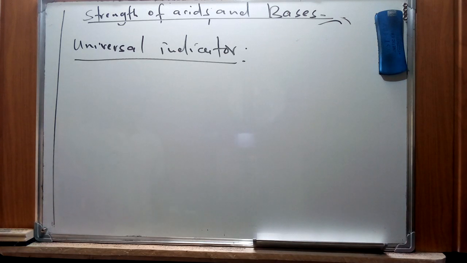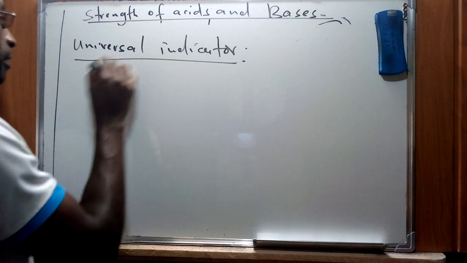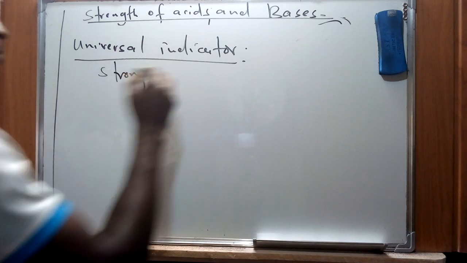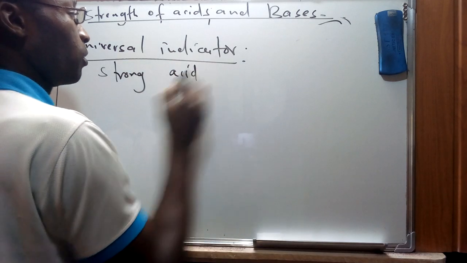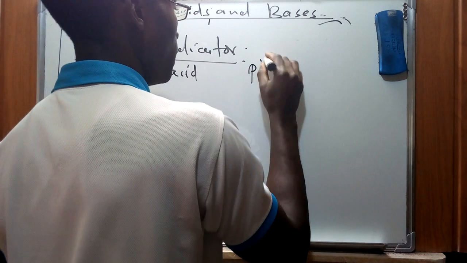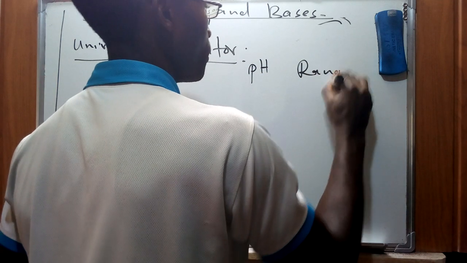These indicators have a range of gauges used to indicate the strength of acids, entailing the colors I've mentioned, or a range of numbers. I'm going to give an example on the board. This is a pH range.